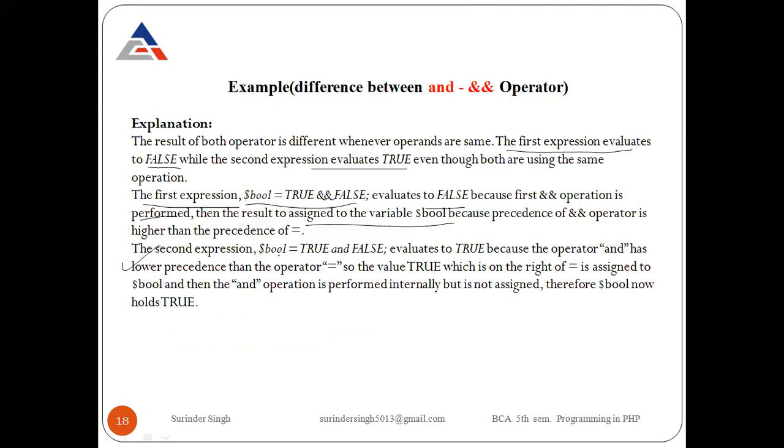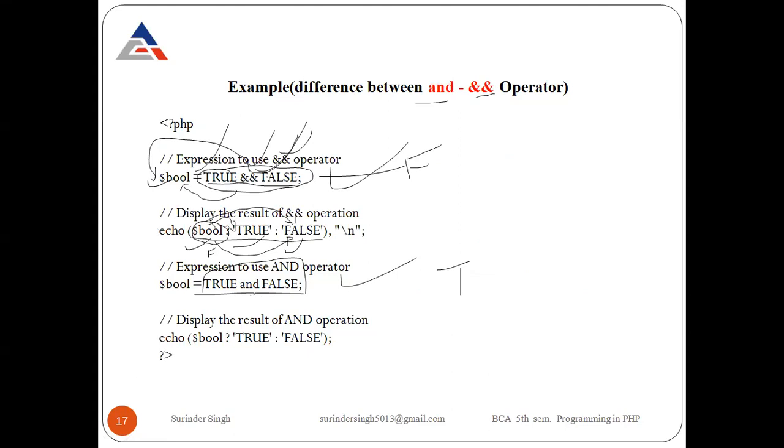In the second expression, bool = true and false evaluates to true because the operator and has lower precedence than the operator equal. This operator and has lower precedence than the assignment operator. So the assignment operator has higher priority than the and operator. So first the assignment operator will be executed, and what happens? This true will be assigned to the variable bool.